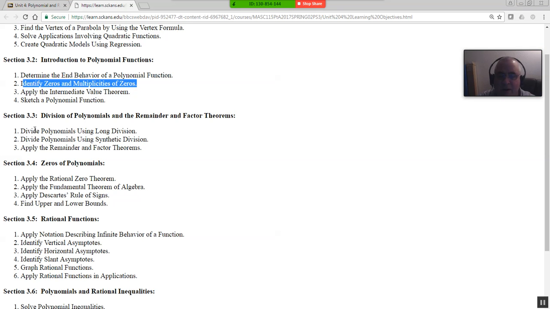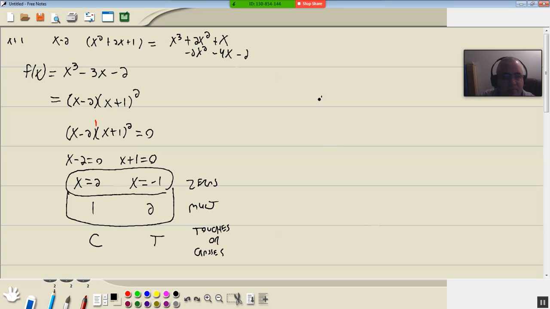But this last one, if we want to sketch a polynomial function, if you used your leading coefficient test. Now, this one would have a positive coefficient and an odd power. This would tell us it's down to the left, up to the right. We know that at negative 1, it's going to touch.